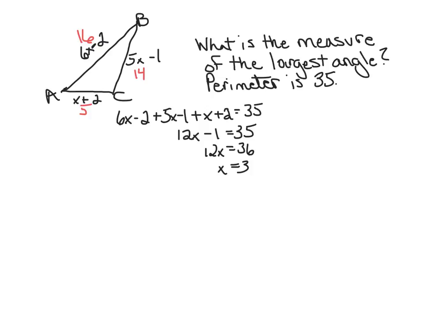So angle C must be the largest. Angle C is largest because it's across from the largest side. So now I can use law of cosines to figure out what angle C is.